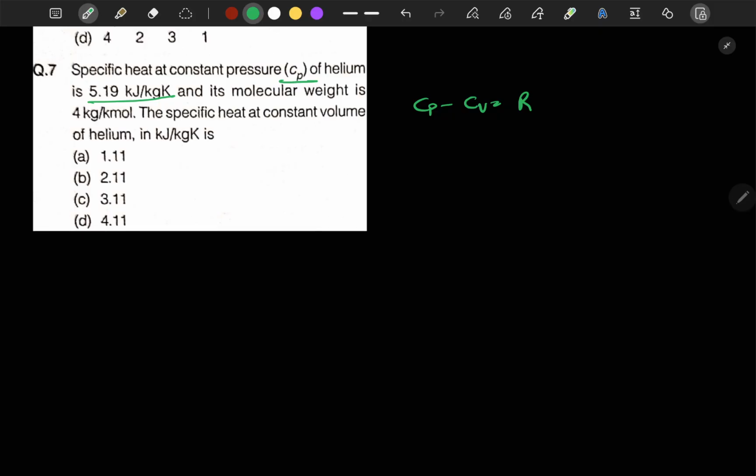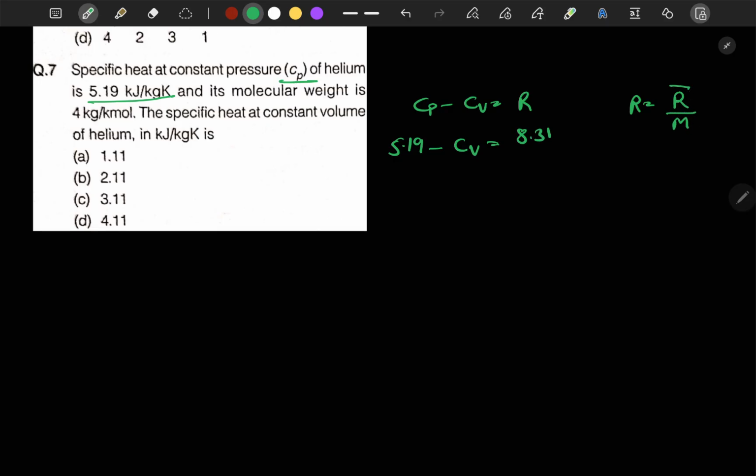We are provided with the value of cp, that is 5.19, and we have to find the value of cv. For the characteristic gas constant we can write it in terms of universal gas constant divided by molecular weight.